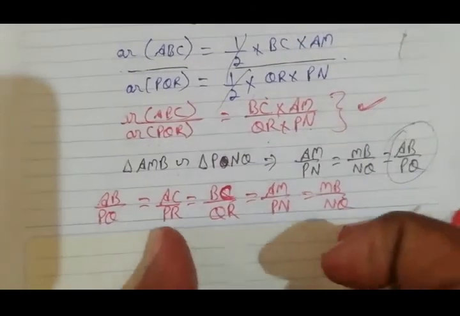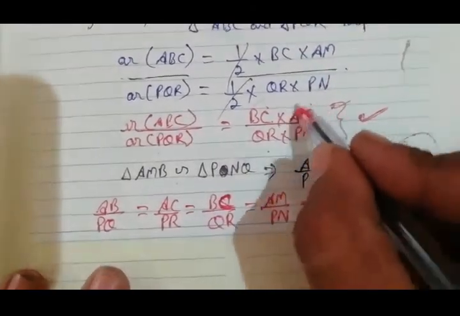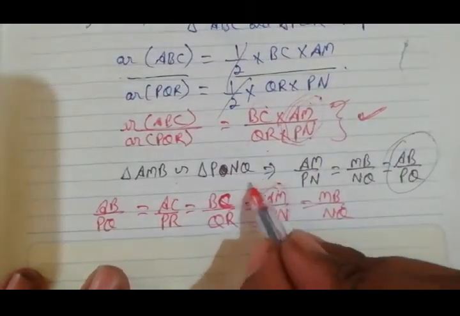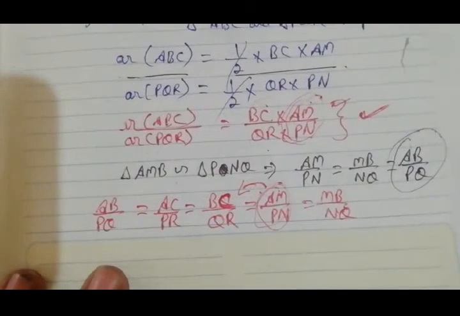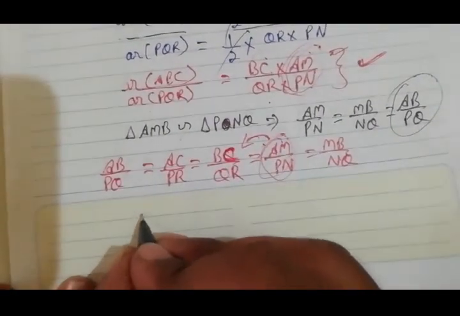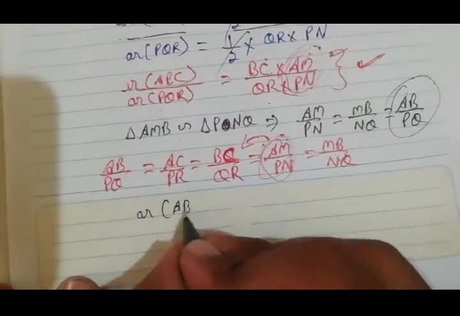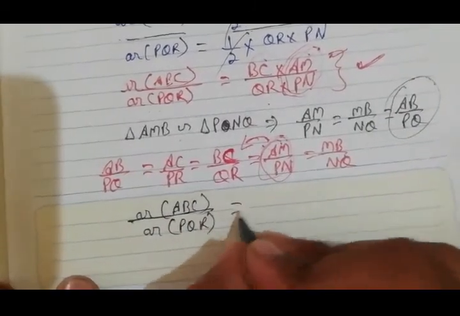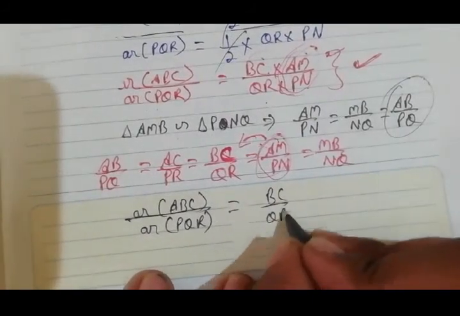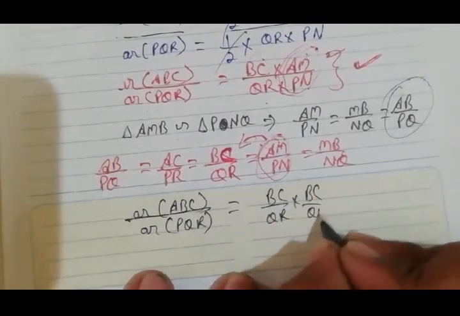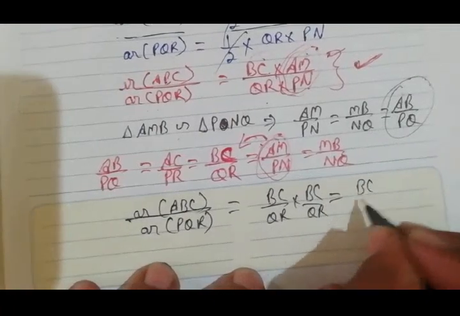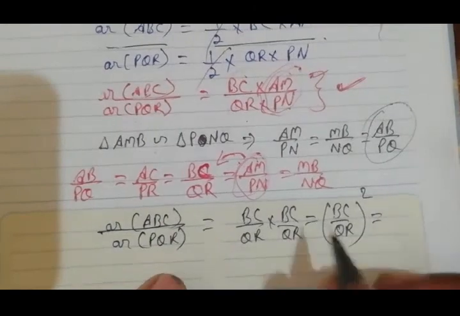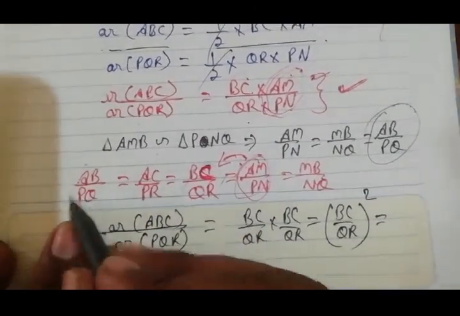Okay, so now look at this AM upon PN, this can be written as BC upon QR. So from here the conclusion we have is that area of triangle ABC upon area of triangle PQR is BC upon QR into BC upon QR, or we can say that it is BC upon QR whole square.